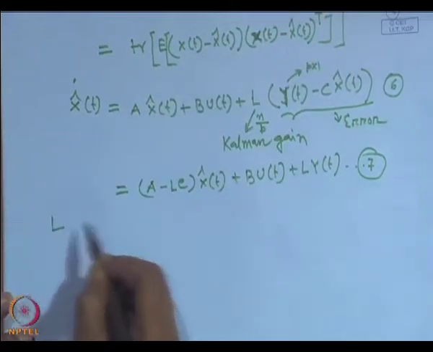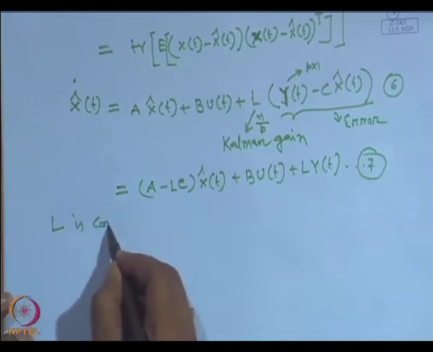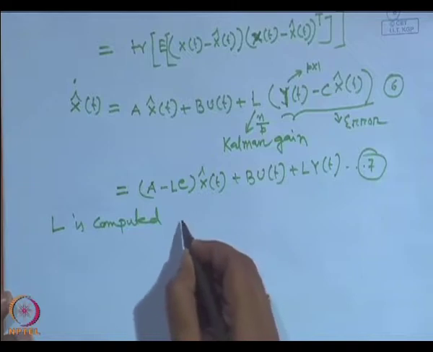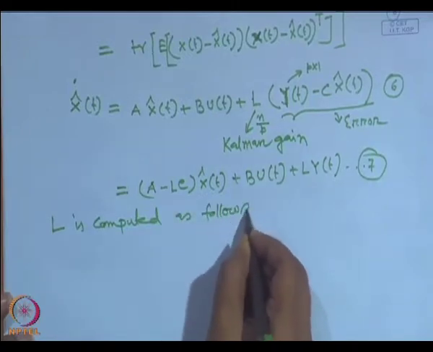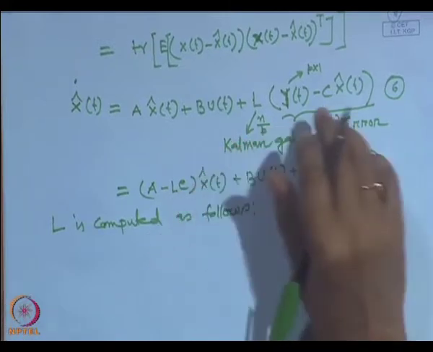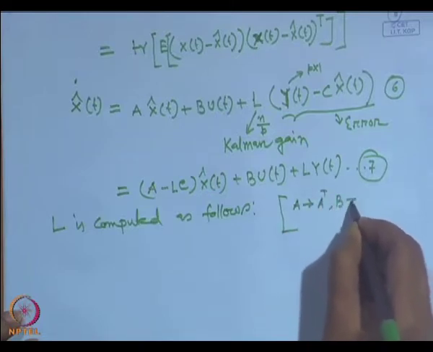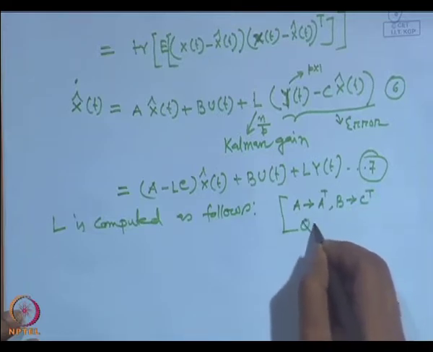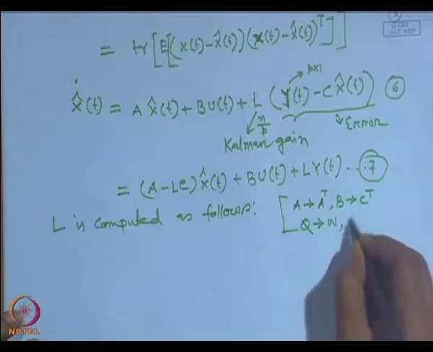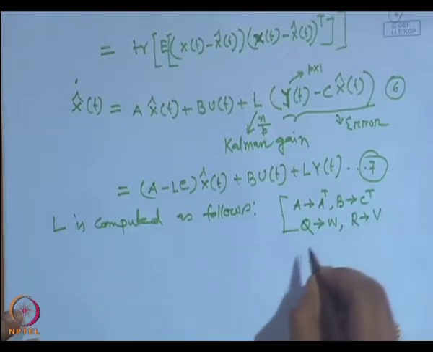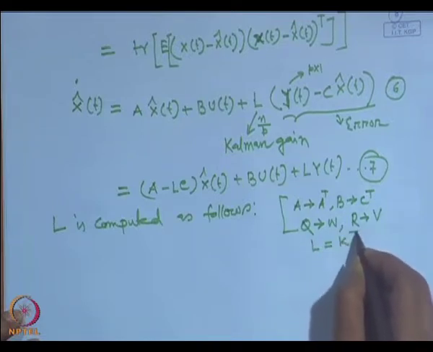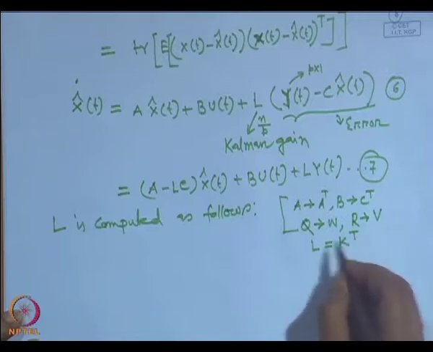So, how is this Kalman gain L computed? You write the expression for the LQR or LQG controller design, and there you replace A by A transpose, B by C transpose, Q by W, and R by V, and K by L transpose.